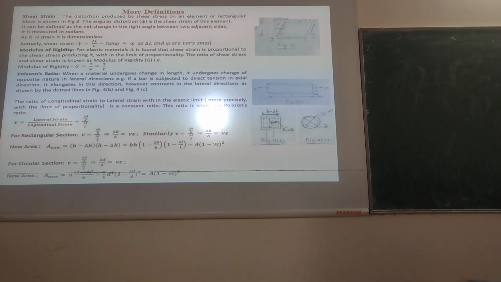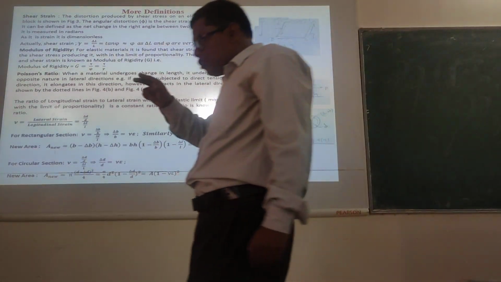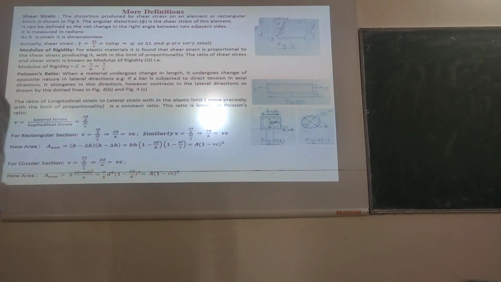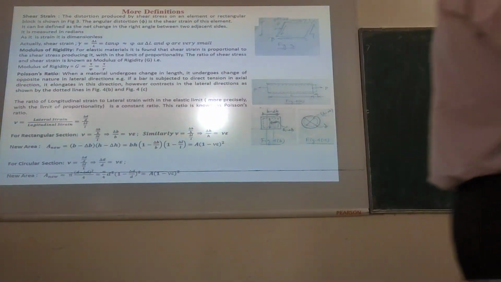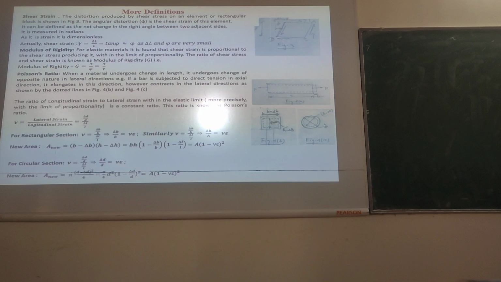And you see that it is a constant ratio. It's not that if I take different lengths or different cross sections, I will get a different Poisson's ratio. Got it? Depending on the load, it remains constant. It is a material property.